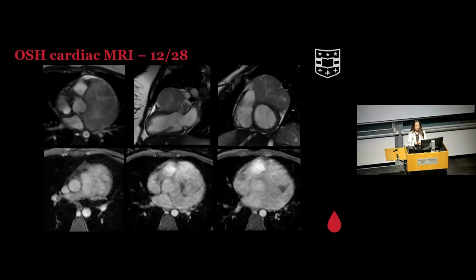So based on the location of this mass, based on its imaging characteristics, the differential diagnosis that we provided for this mass was paraganglioma, lymphoma, some kind of atypical manifestation of a mediastinal hemangioma. And then sarcoma is included in the differential, but considered less likely due to the lack of invasion.